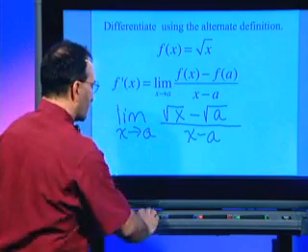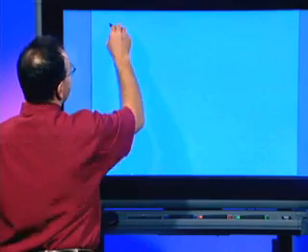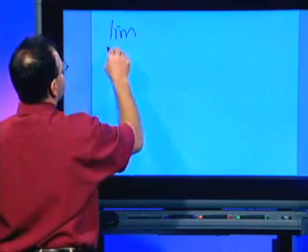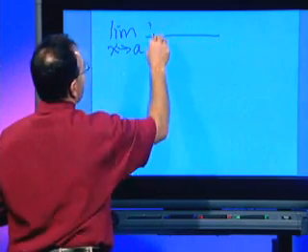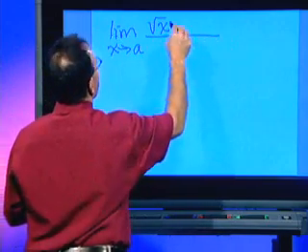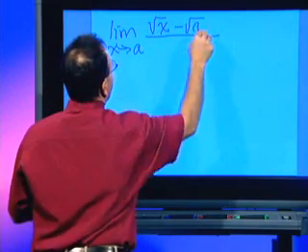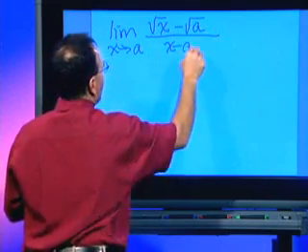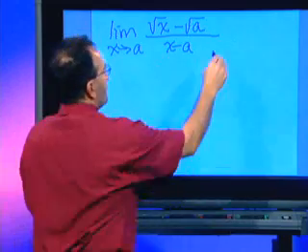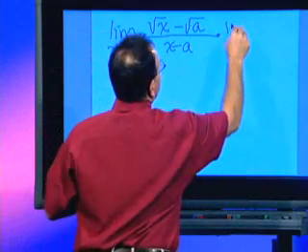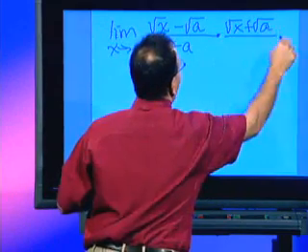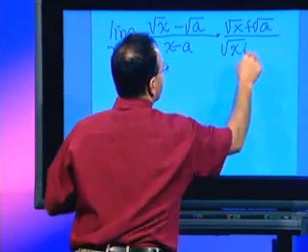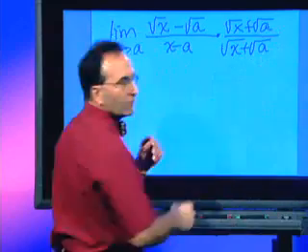So let me move to a clean screen, and we will do that. Here we'll now multiply top and bottom by the square root of x plus the square root of a over the square root of x plus the square root of a.